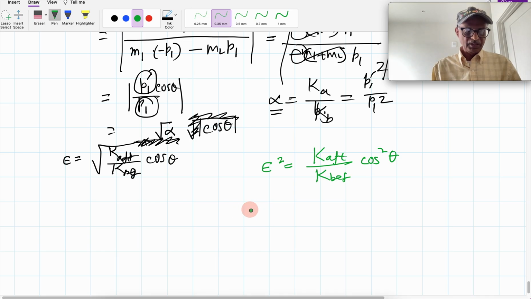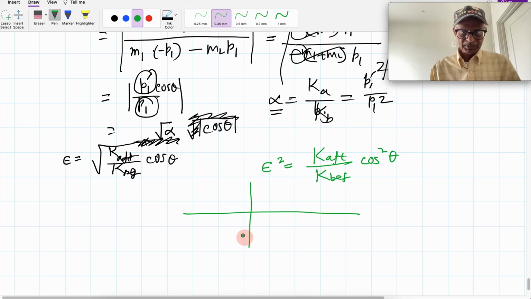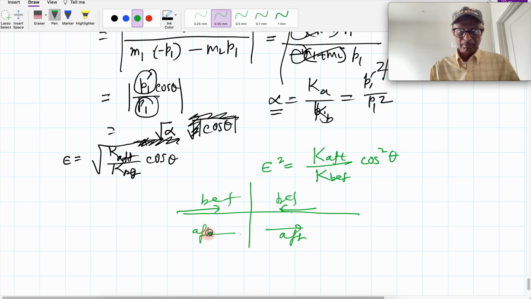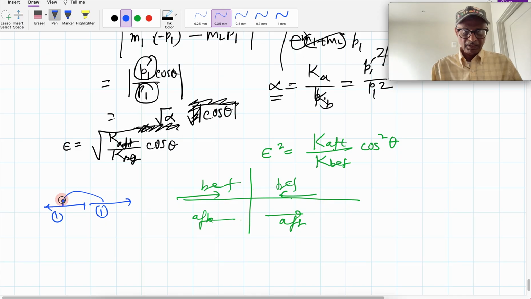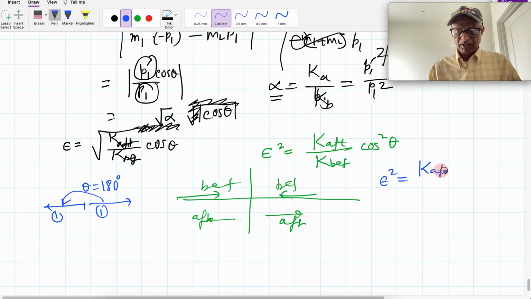If you had, say, just one dimension, it went in, this is before, and then after, one was this direction before, then this theta will be 180 degrees, and that makes epsilon square equal to k after over k before times 1.